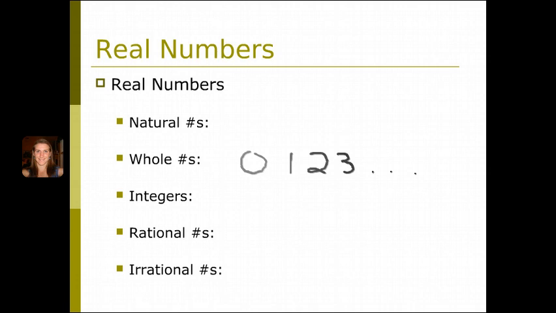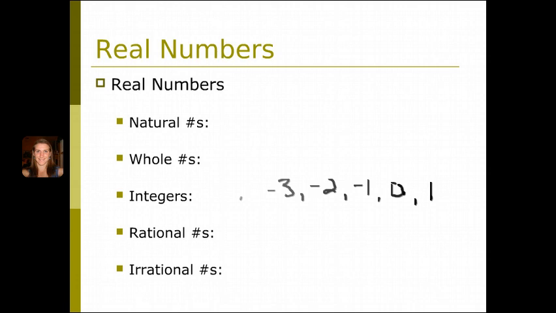Integers simply include positive and negative numbers. So an integer would be, for example, any number in the negatives, 0, and our positive numbers. Okay, so all of those are considered integers.